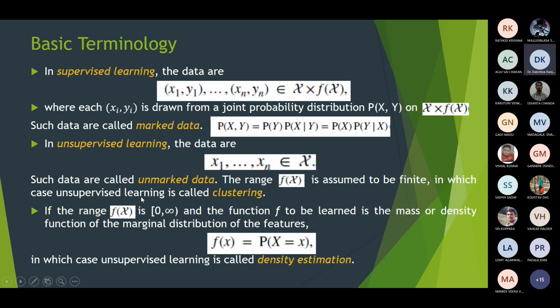If we write the half closed interval, we write this third bracket, then 0 comma infinity. The infinity symbol is closed with the first bracket. So this is nothing but the half closed interval. If the range is defined in this half closed interval and the function f is to be learned with the mass or density function of the marginal distribution of the features, then unsupervised learning is called density estimation.